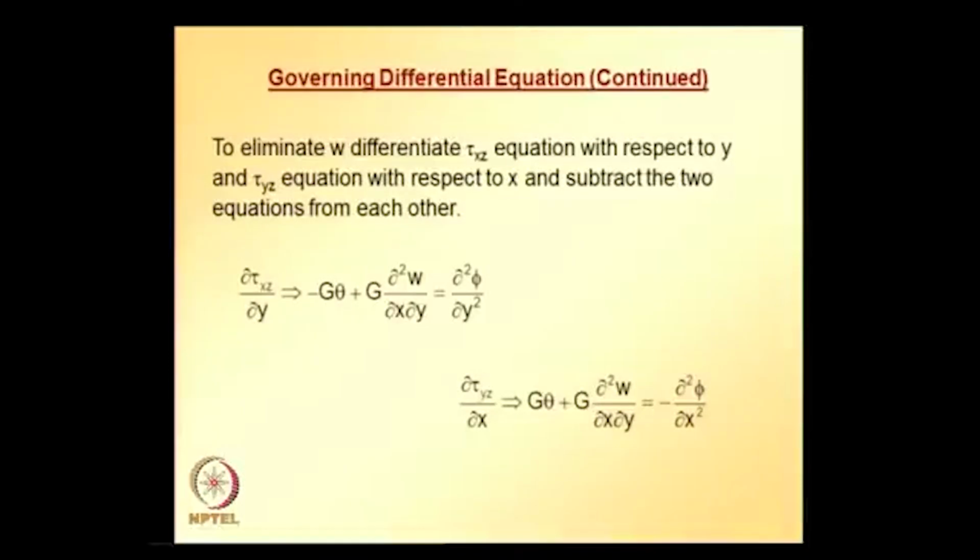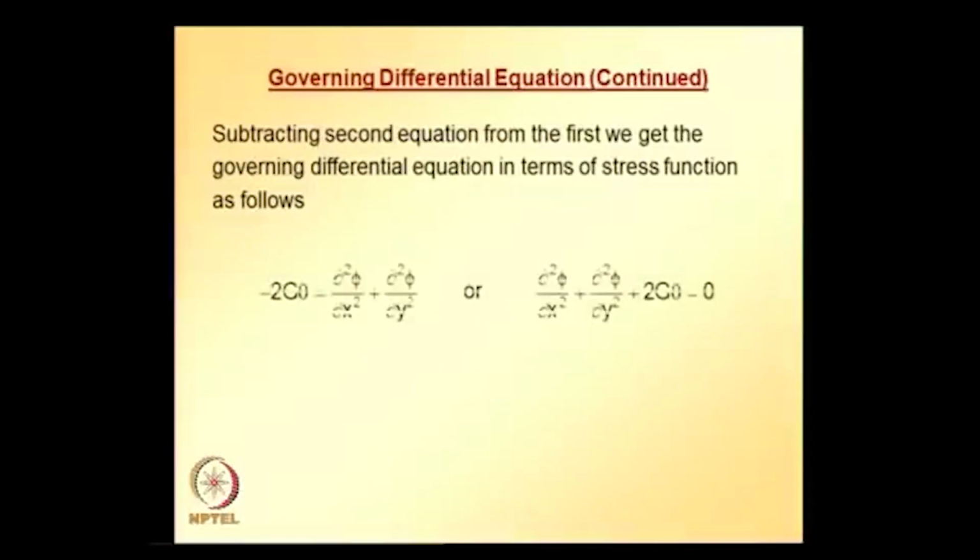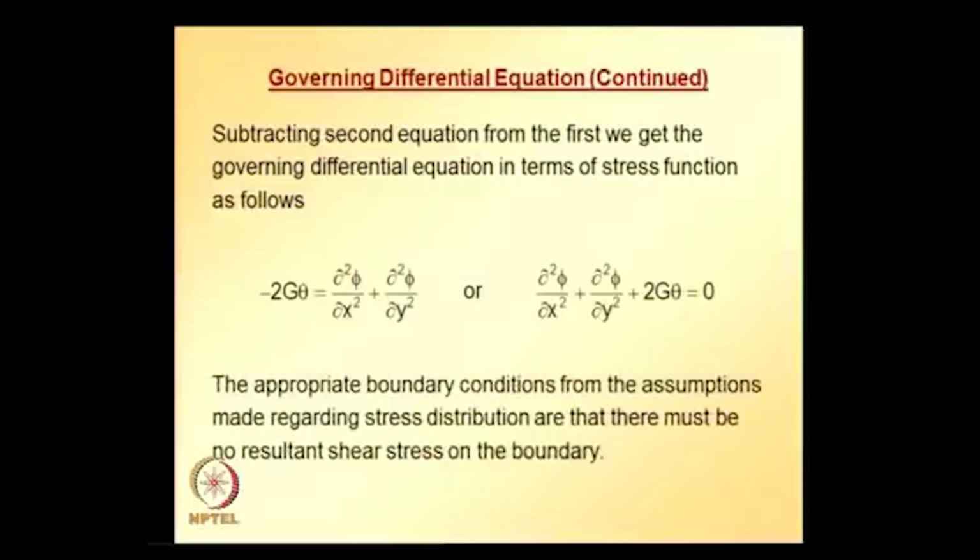Subtracting the second equation from the first, we get the governing differential equation in terms of stress functions. The appropriate boundary conditions from the assumptions made regarding stress distribution are that there must be no resultant shear stress on the boundary. So, this is the governing differential equation.